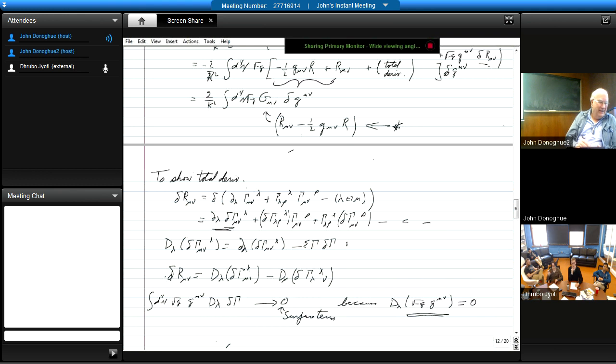Yeah. So actually, next time I'm going to say a little bit about first order formulation there. The question is, there's also a first order or Palatini formulation that you can use to derive the metricity condition.